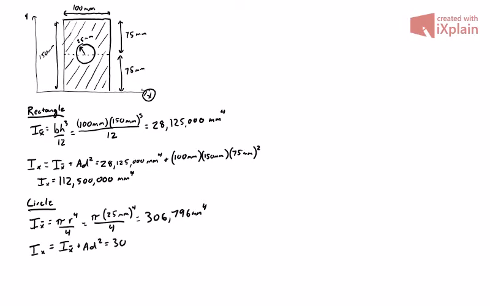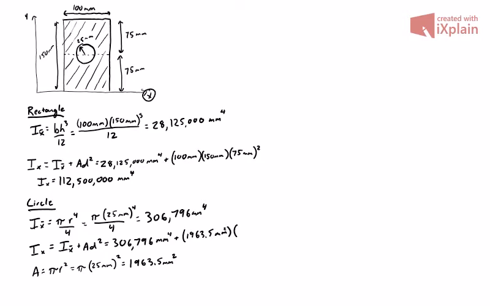So that'll be 306,796 millimeters to the fourth plus the area. The area for the circle is pi times the radius squared. So that's pi times 25 millimeters squared, which is 1963.5 millimeters squared.